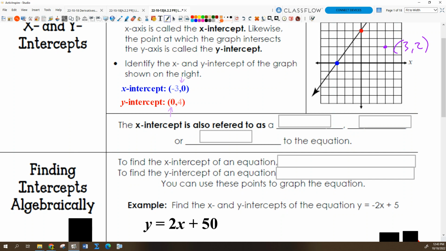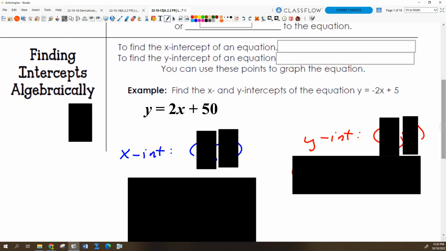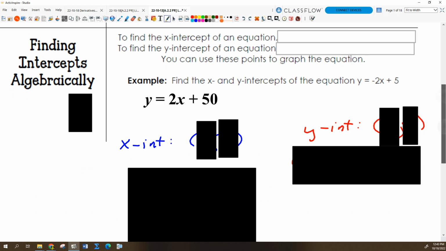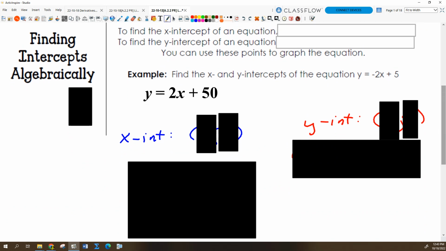The y-coordinate is 0. So y is equal to 0 at every x-intercept. If I want to find the x-intercept of this line, what could I do? Set y equal to 0. I could find the x-intercept by setting y equal to 0.